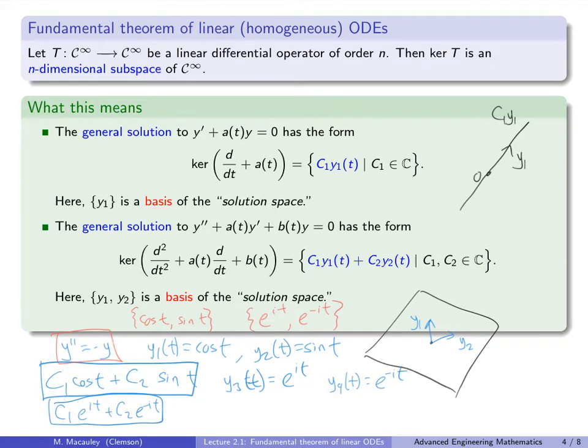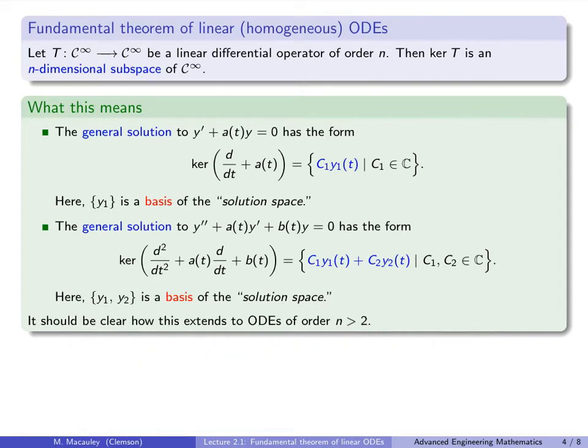And in fact, any two solutions to this ODE that are non-scalar multiples of each other are a basis as well. So here's another basis, cosine of t and e to the it. We'll do more on this later, especially in the next lecture. Hopefully, at this point, it should be clear how this all extends to ODEs of order greater than 2.